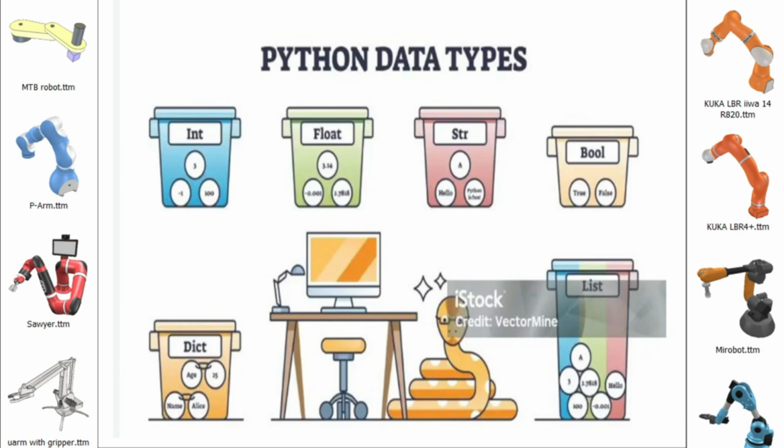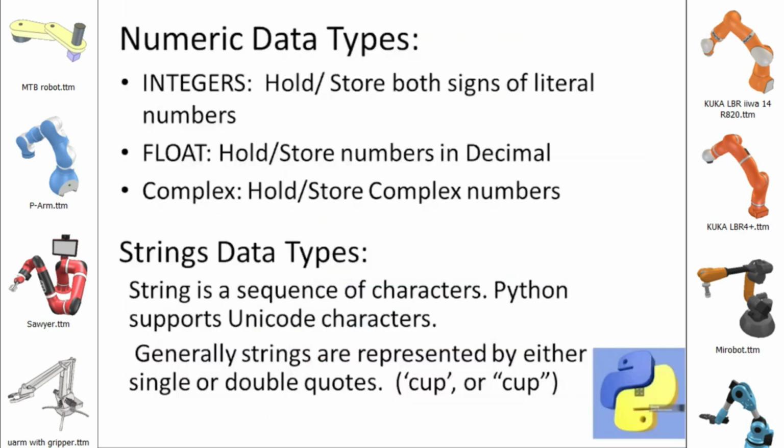However, for academic purposes, we're going to just define them literally, just so that you can have a more established understanding. So next we have the numeric. This is just the definitions. For numeric data types, you have integers. They hold and store both signs of literal numbers, so either negative or positive. Float stores decimal numbers.